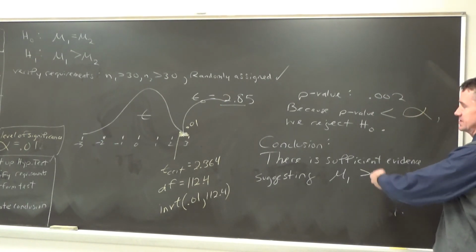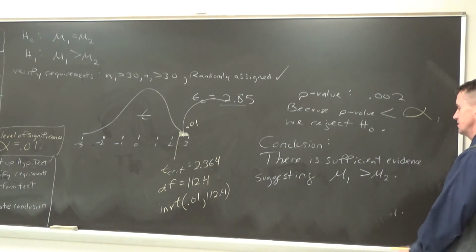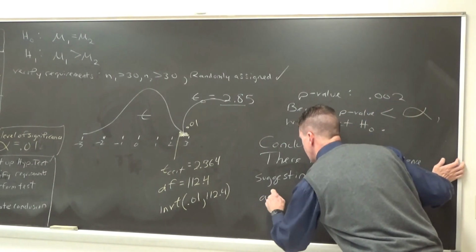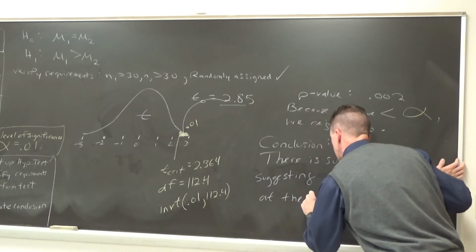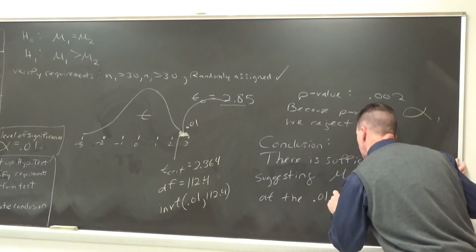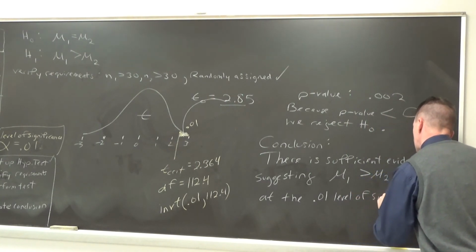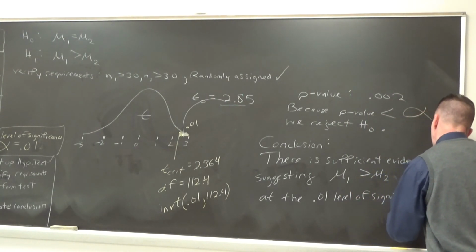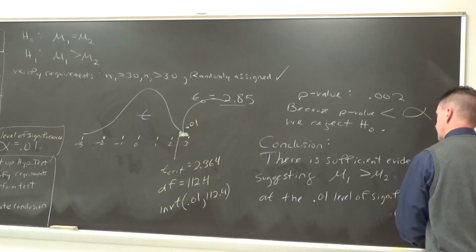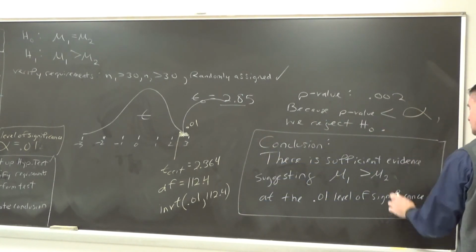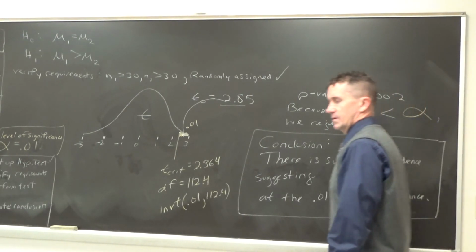If you also want to reference the alpha level, what was the alpha level again? You can put that if you want: at the 0.01 level of significance. The lower the level of significance, the more accurate it is, right?